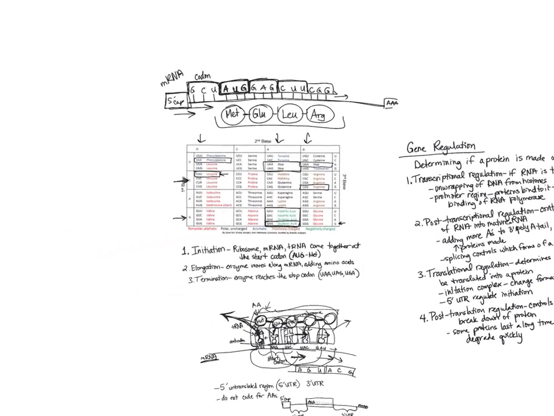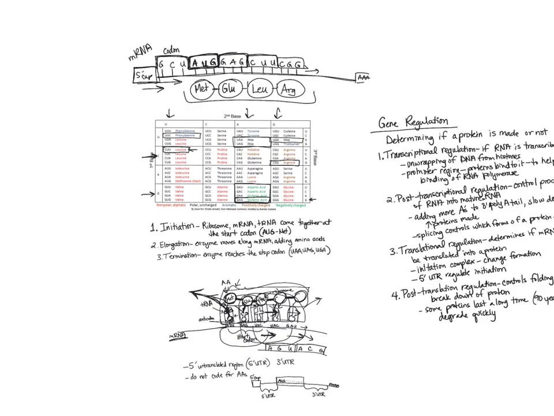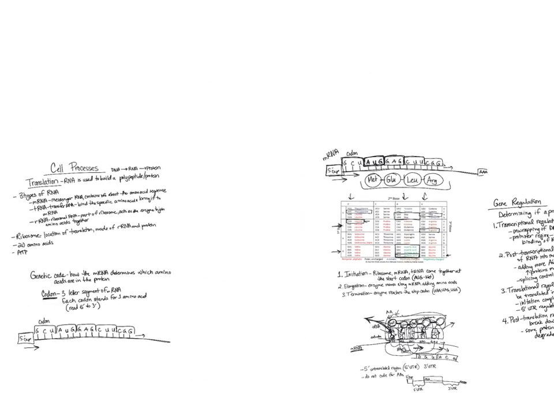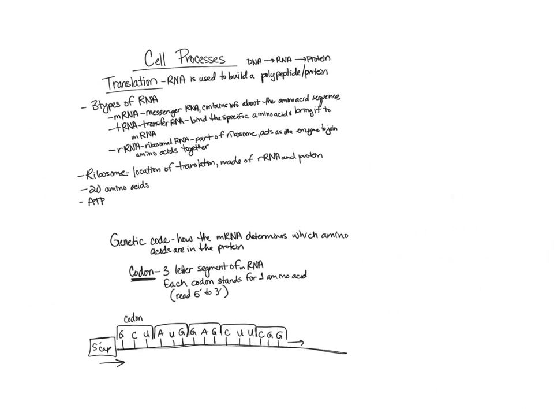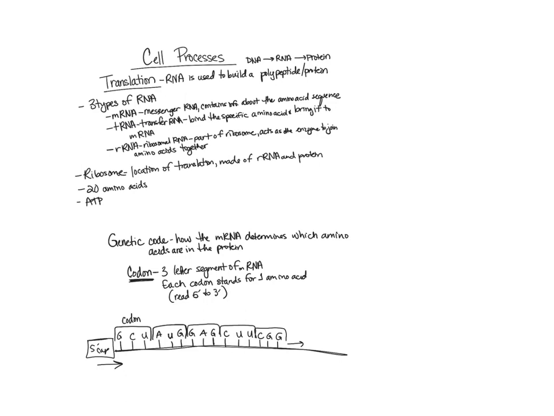All right, so that summarizes our cell processes. We ended up here with our translation. So remember, we were talking about the process of going from DNA to RNA to a protein. We talked about transcription, going from DNA to RNA, and now translation, going from RNA to a protein. We talked about our genetic code, understanding the codon.